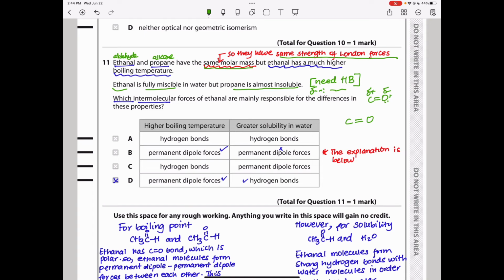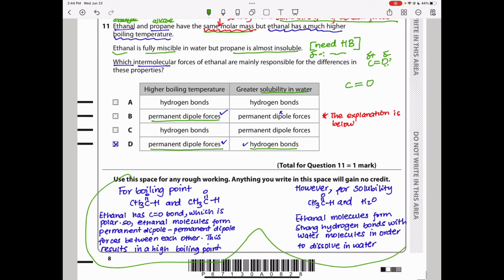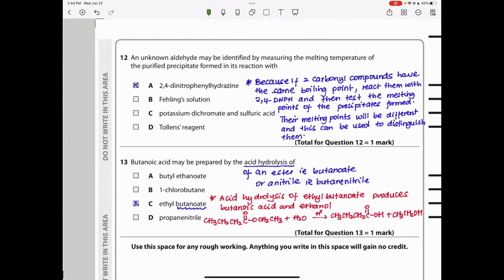However, because they have permanent dipoles, they can form permanent dipole interactions, and that leads to the higher boiling point. Now, the greater solubility, because solubility is about dissolving in water, should be only due to hydrogen bonds as they interact with water molecules. So if you want to read further, what I wrote down here, you can see the same explanation. I will go to question 12.